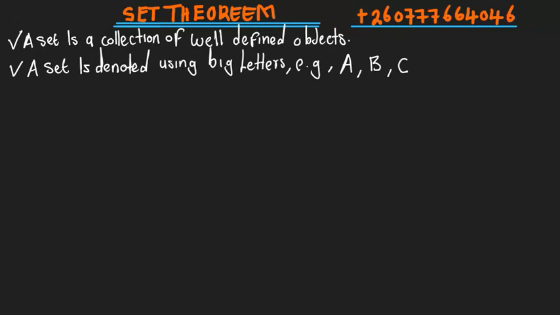In other words, if you were to present this on the Venn diagram, you're going to have two sets, or let me just say three sets, okay? And these sets are going to be represented by big letters. So you don't use small letters to represent a set. Instead, you use big letters.